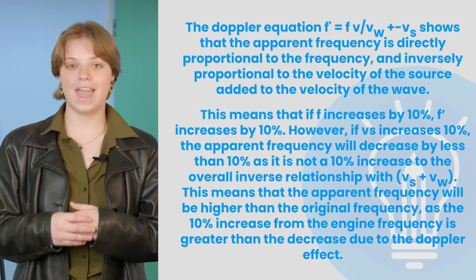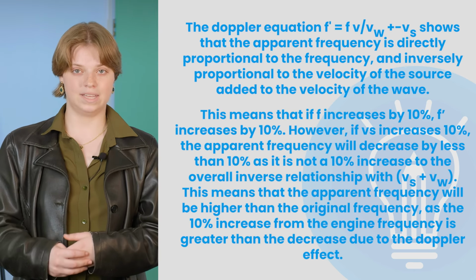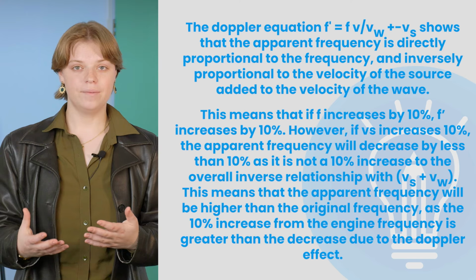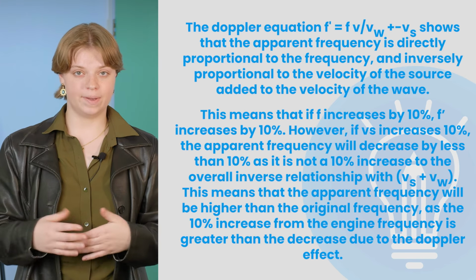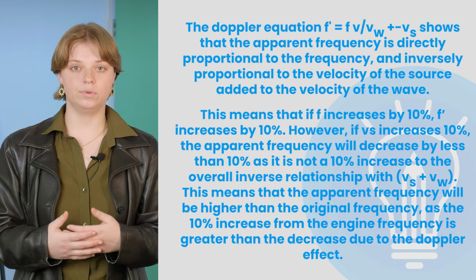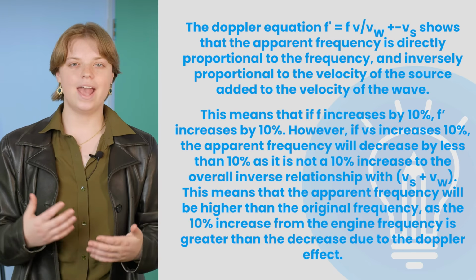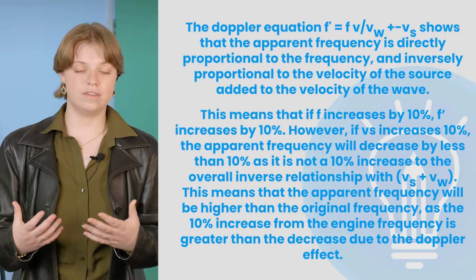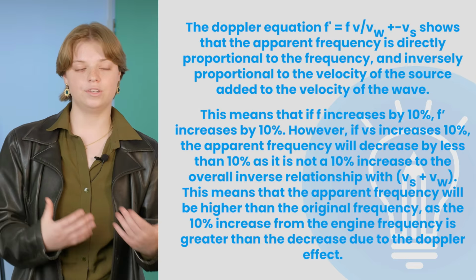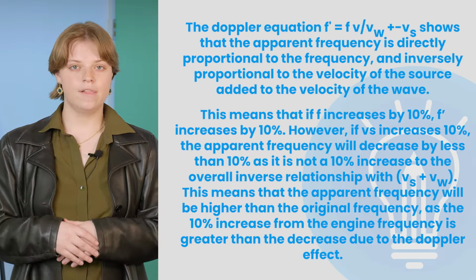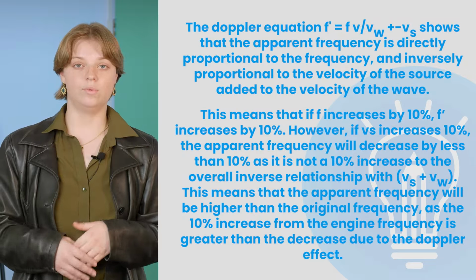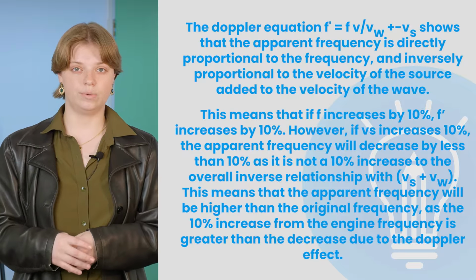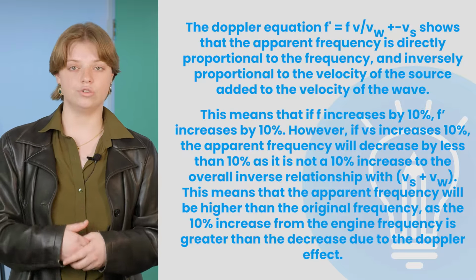This means that if actual frequency increases by 10%, the apparent frequency increases by 10% as well. However, if the speed of the source increases by 10%, the apparent frequency will decrease by less than 10%, as it is not a 10% increase to the overall inverse relationship, the inverse relationship being the speed of sound plus the speed of the source. This means that the apparent frequency will be higher than the original frequency, as the 10% increase from the engine frequency is greater than the decrease due to the Doppler effect.